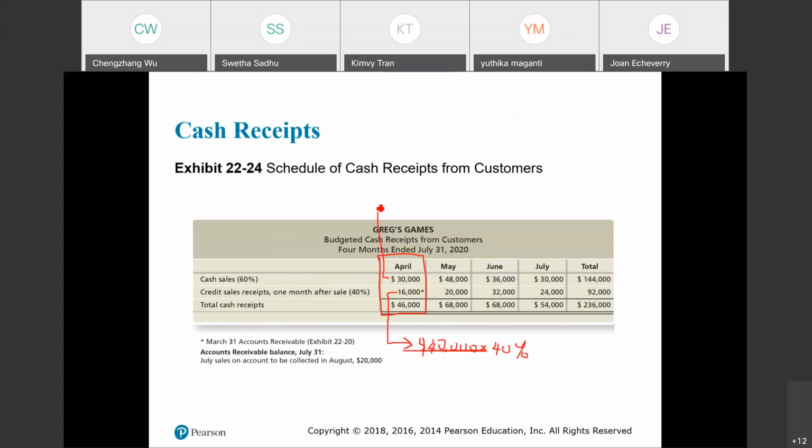And here 30,000 is 60% of this month's sales, cash sales. So this month's total sales is $50,000 times 60%, right?